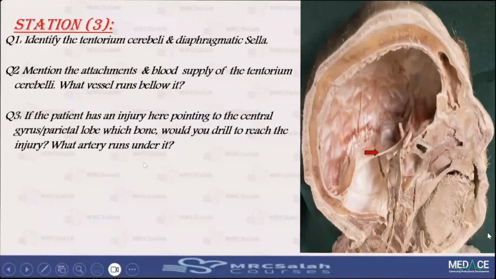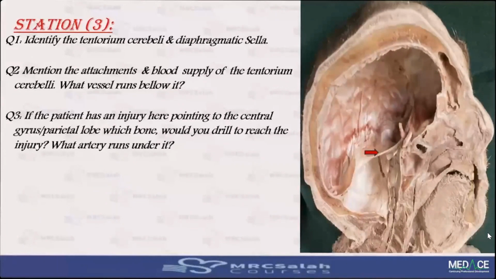If the patient has an injury here, pointing to the central gyrus or parietal lobe, which bone would you drill to reach the area of the injury? So the examiner is holding a brain, pointing to the area of the central gyrus and part of the parietal lobe, and he is asking which bone you should drill to reach this site. It would be the parietal bone.